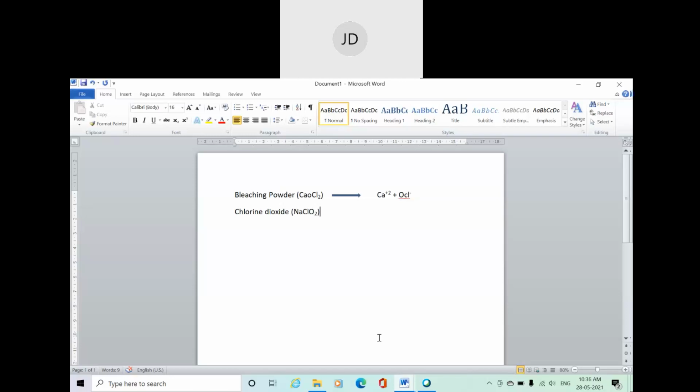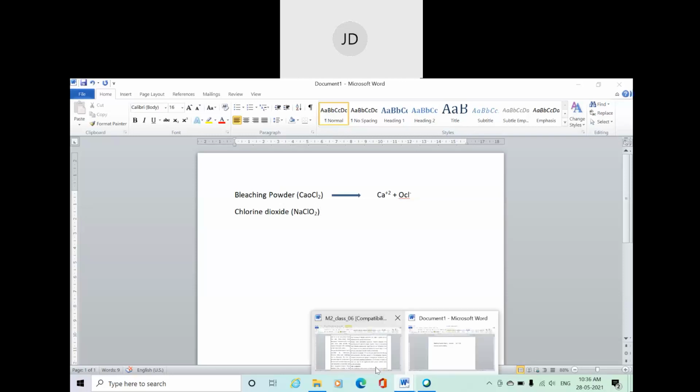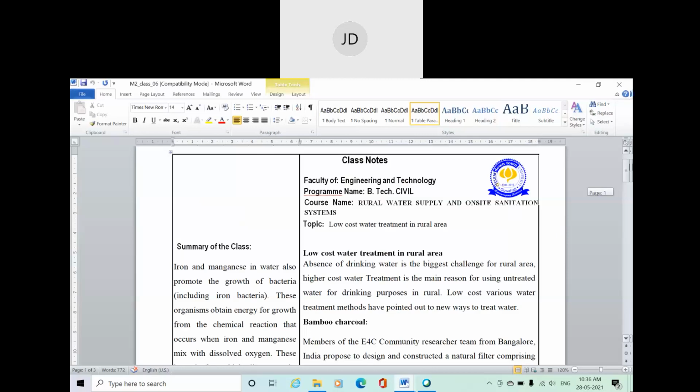It is very cost effective, with absolutely no cost if the components are locally available. So let's discuss low cost water treatment in rural areas.